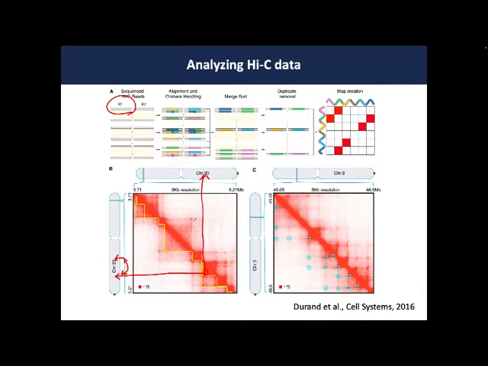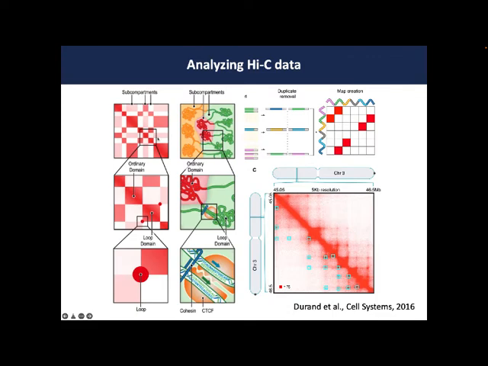And if this dot is found, that means the region here and the region here interact together, somewhere around here interacting tightly. These two regions of DNA interact together. This is how we read the Hi-C map. Here is a description of the meaning of the red square in structure.